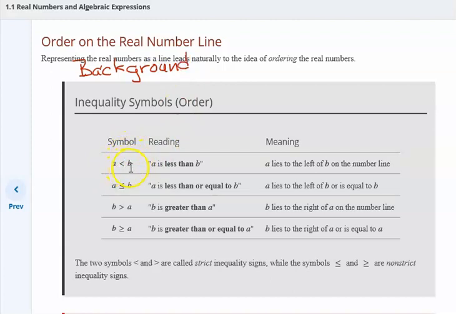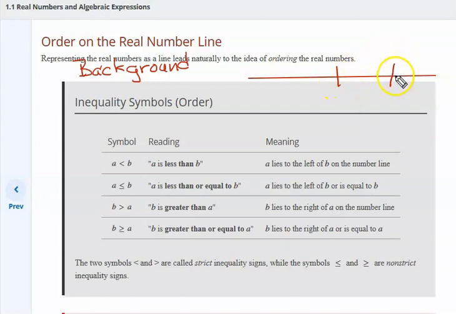A is less than B. A is less than or equal to B. B is greater than A. B is greater or equal to A. And generally, on a number line, the protocol would be anything to the left of something is less than anything to the right.